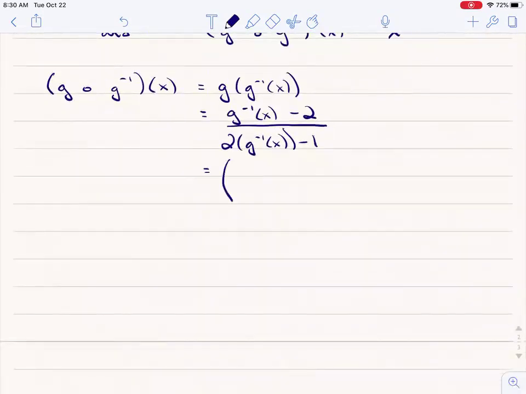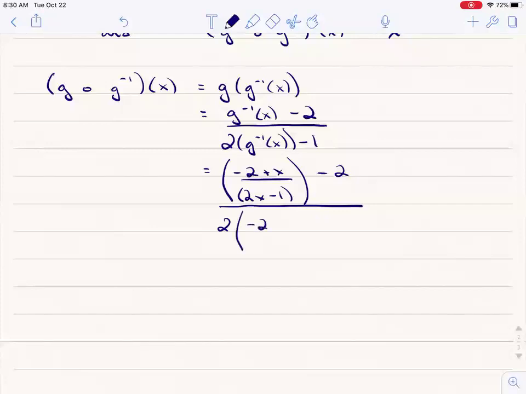So I'm going to take a little bit more room here. Negative 2 plus X over 2X minus 1, minus 2, over 2 times negative 2 plus X over 2X minus 1, minus 1.